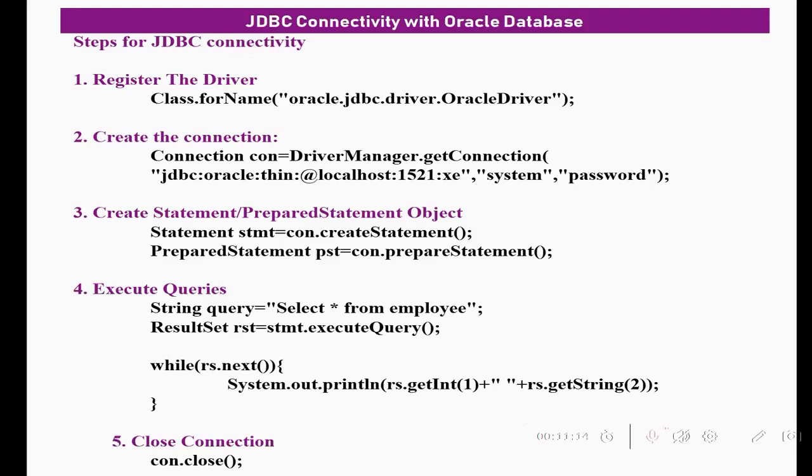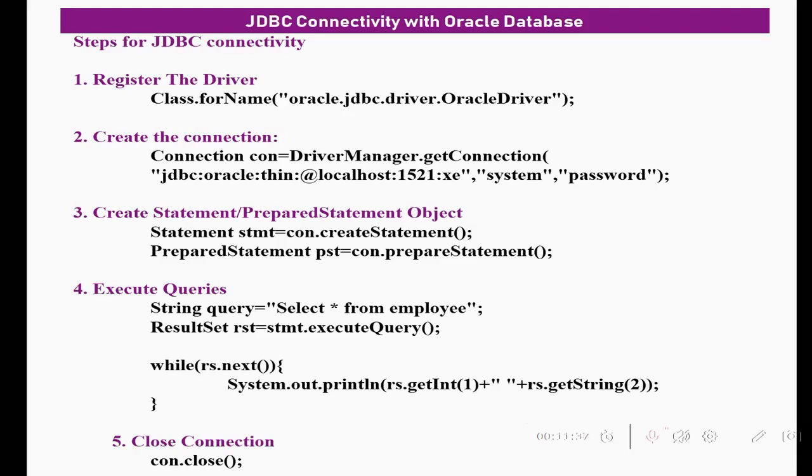Now the fourth step is to execute queries. How will we execute? String query select star from employees. This is a select statement, so we have to store the result in a ResultSet object, that is ResultSet rs equal to stmt.executeQuery. And how will we trace the data?